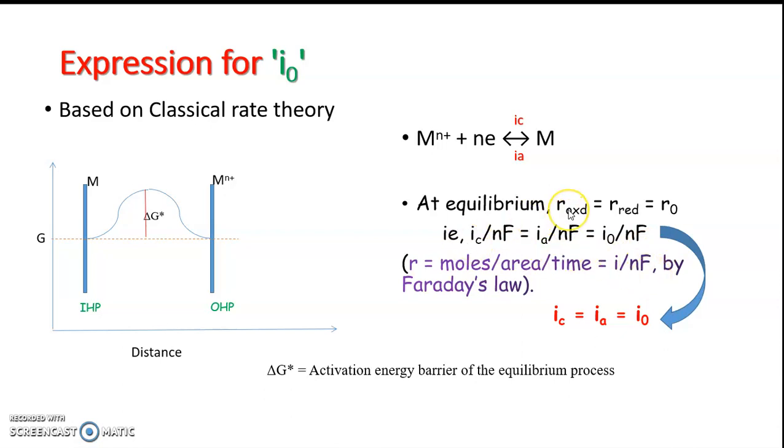Since rate of oxidation equals rate of reduction equals the same R0, we can say that IC by NF equals IA by NF equals I0 by NF, where I0 is the exchange current density, or the current density at equilibrium.